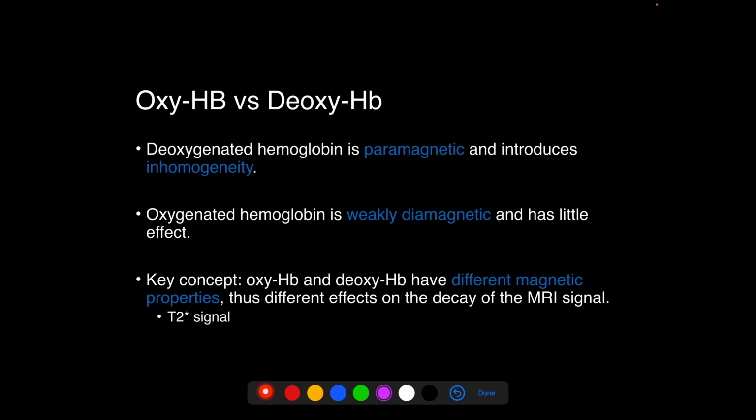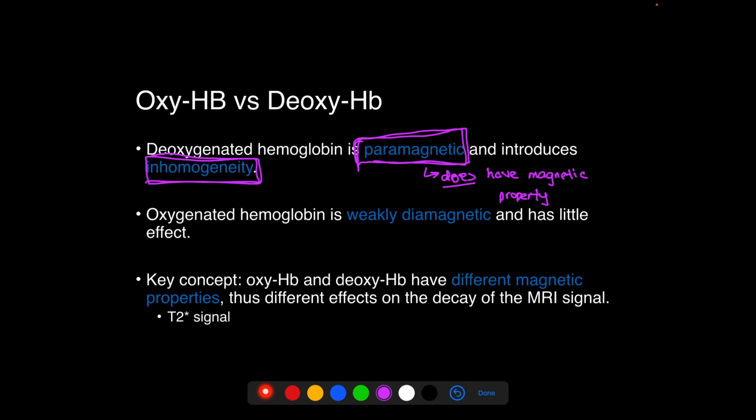Deoxygenated hemoglobin is paramagnetic, which means, in the simplest terms, that it does have its own magnetic property, and introduces inhomogeneity, which is local differences in the magnetic field.